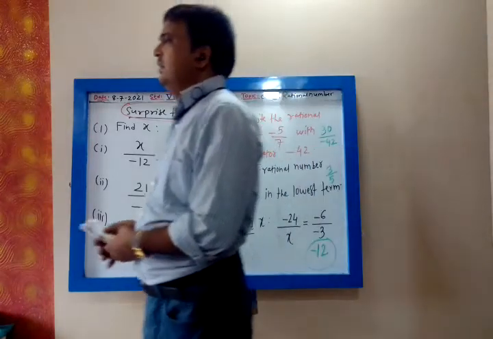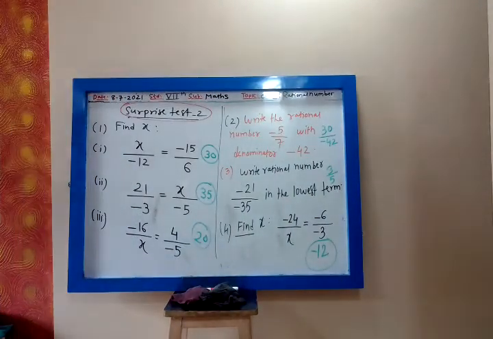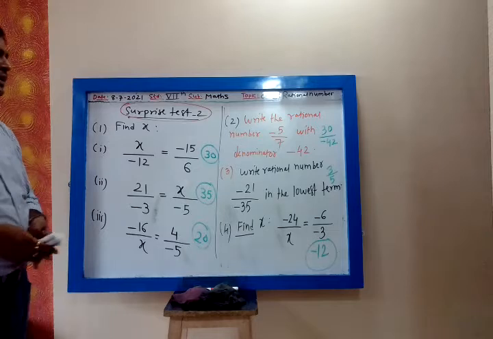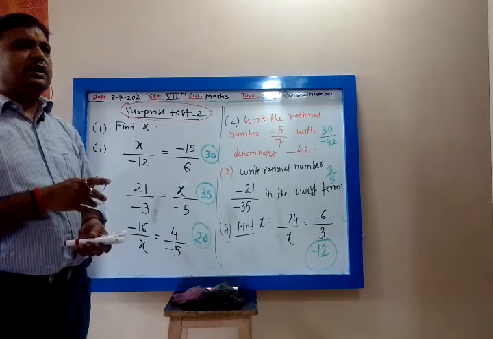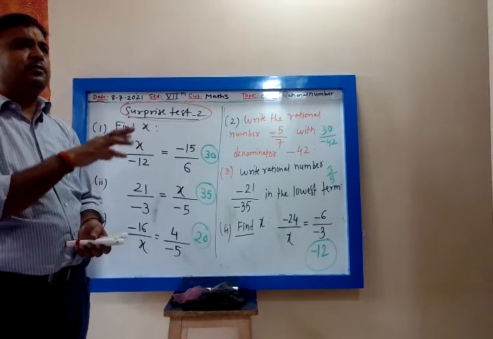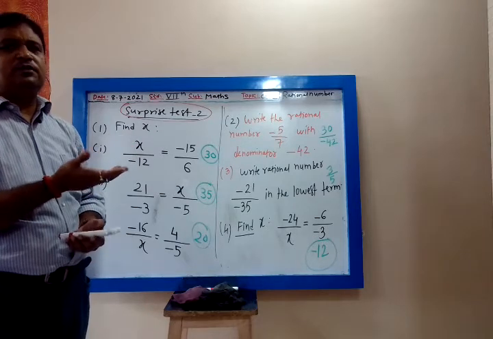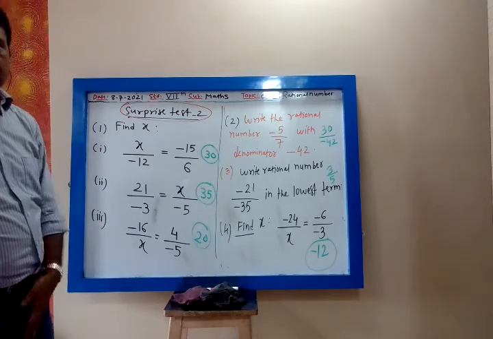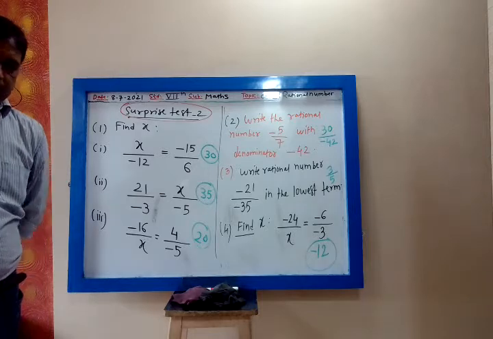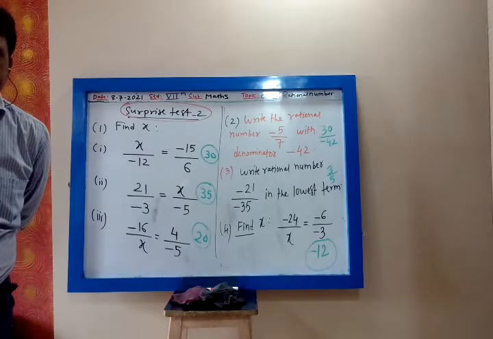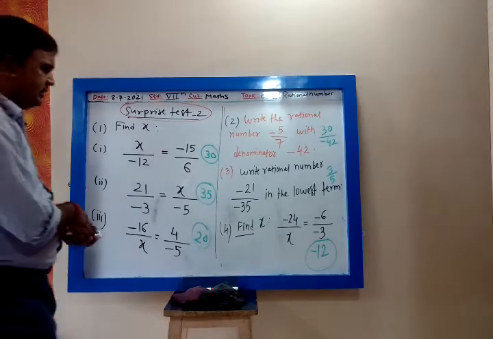Cross multiply: minus 24 into minus 3 upon minus 6, minus into minus is plus. So 24 into 3 upon minus 6, 6 fours are 24, 4 into 3 is 12, minus is minus 12. You have to be very perfect in doing the calculation.